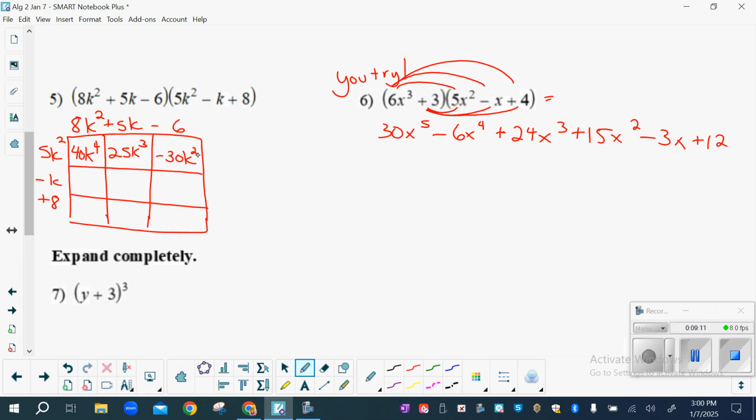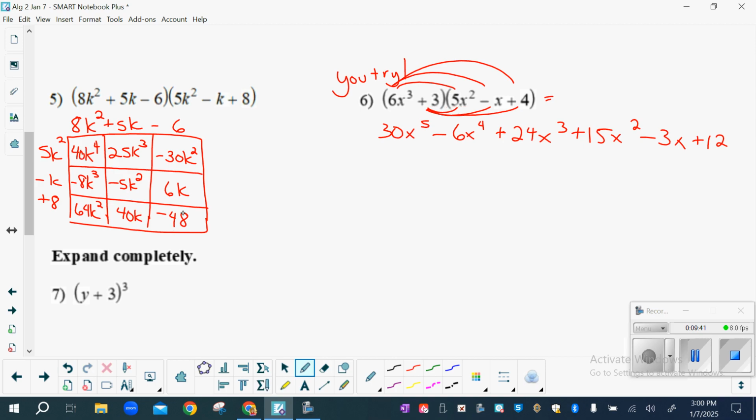And then negative k times 8k squared is negative 8k to the 3rd. And then 5k times negative k is negative 5k to the 6. And then this would give us 6k, 64k squared, 40k, and then minus 48.